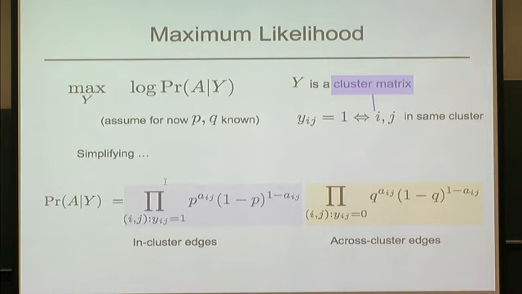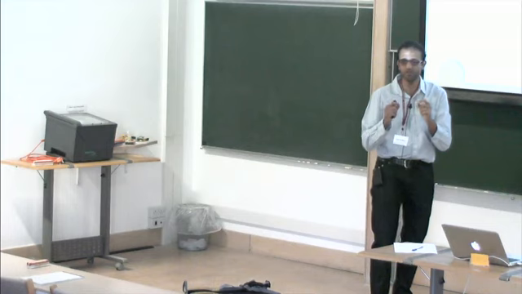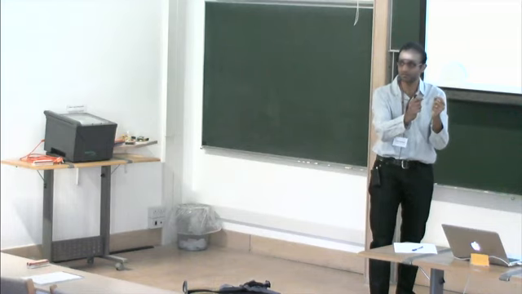So this is what maximum likelihood is. A is the observed adjacency matrix, y is the underlying cluster matrix, and we want to maximize over y the log of the probability of what we saw. If you simplify it, this probability is the product of two quantities. One is all edges between nodes where both endpoints are in the same cluster.